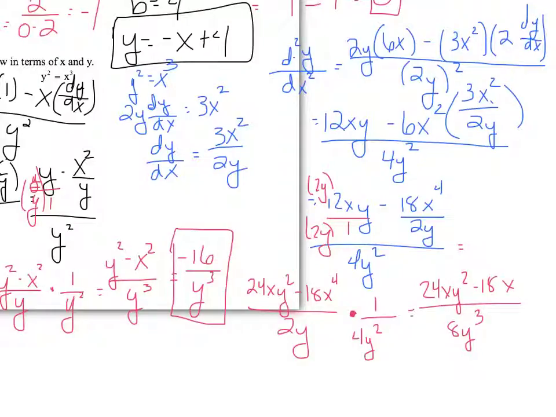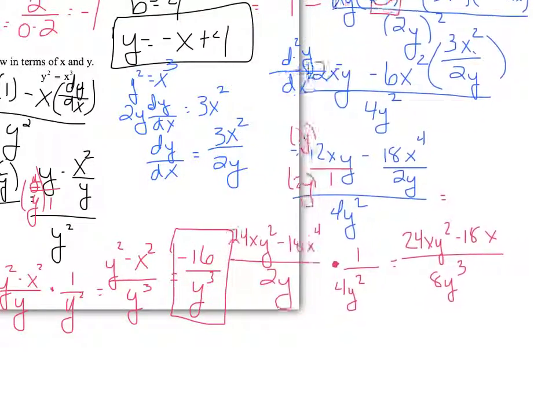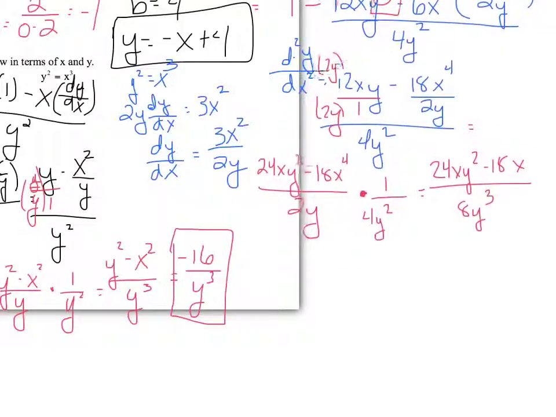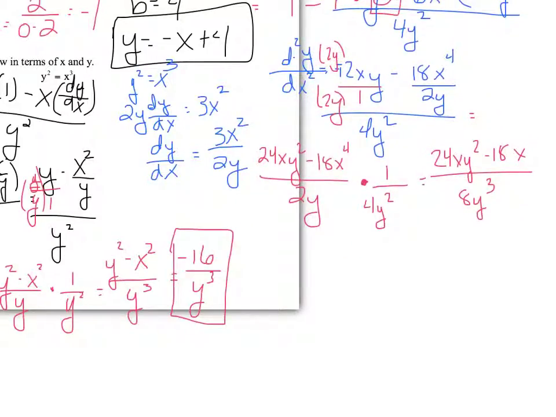So it will be 24x, instead of y squared, I'll call it x cubed, minus 18x over 8. And now for that y cubed, y squared of it is equal to x cubed, but I have an additional y. So 8x cubed y.